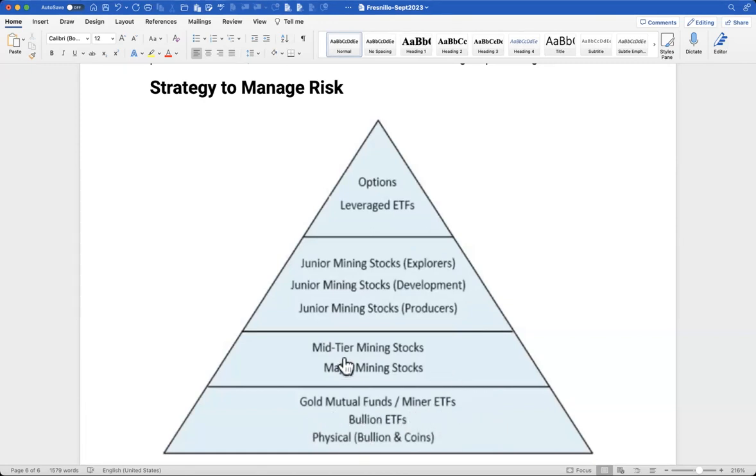So the next rung is my majors and my mid tiers. These are really about 1% each, but not all of them. A lot of them are 0.5. So it's 0.5 to 1% of your total cost basis.